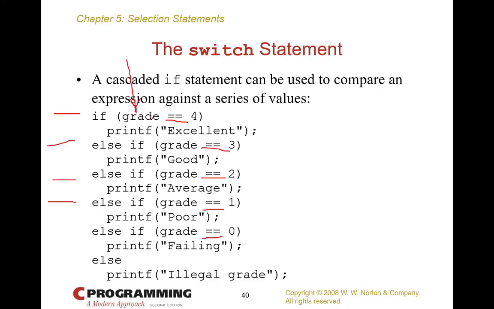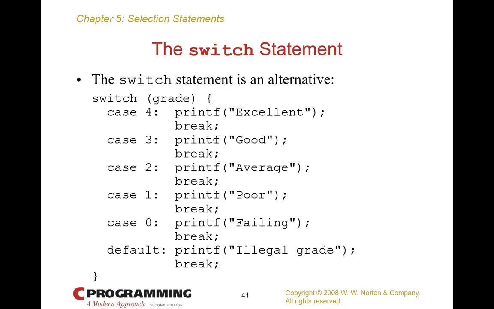So we are checking the value of grade against different constants. But with the switch statement, we know the value of grade, and so we are checking the value of grade as cases. If the value of grade is 4, if the value of grade is 3, this is how we run the switch statement.